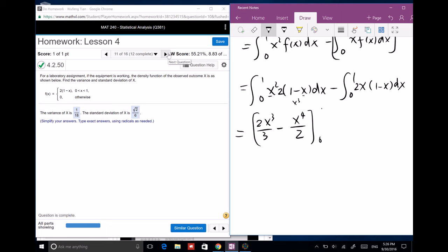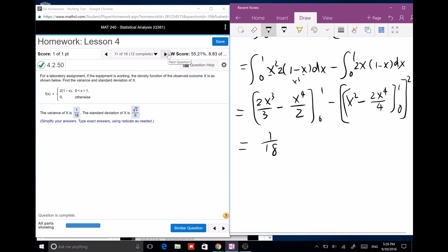Then plug 0 and 1 in, minus 2x, whose antiderivative is x squared, minus 2x cubed over 3, and plug 0 and 1 in, and then square this. Then you find the formula, which is pretty simple. Once you plug everything in, the variance is 1 over 18. Then the standard deviation sigma is the square root of 1 over 18, which is square root of 2 over 6.